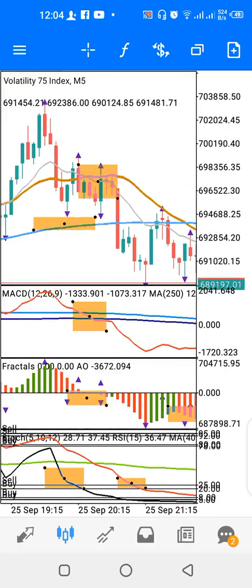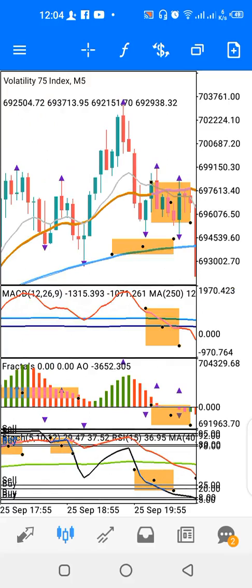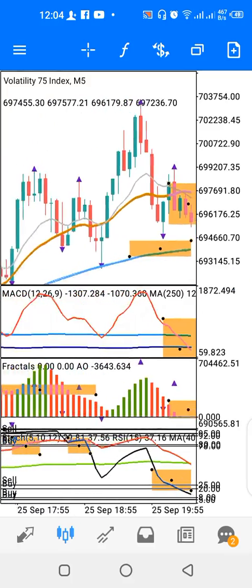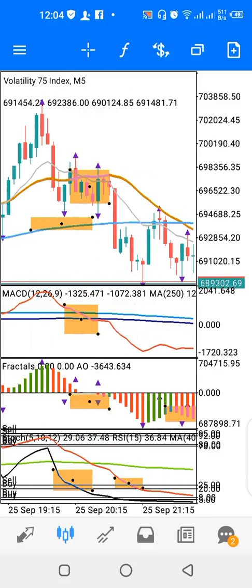Of course, it will be much more interesting if all the signals align on all indicators. You can use this strategy on any time frame: the 1 hour time frame, the 30 minutes time frame. It's an interesting strategy. You like it.